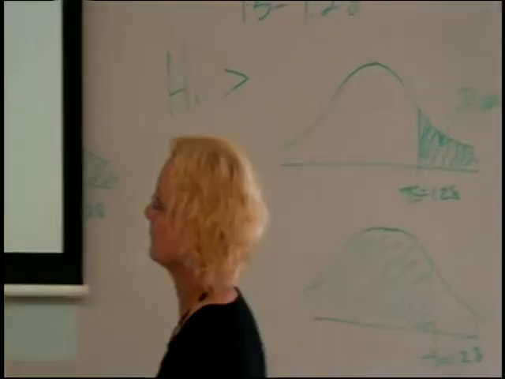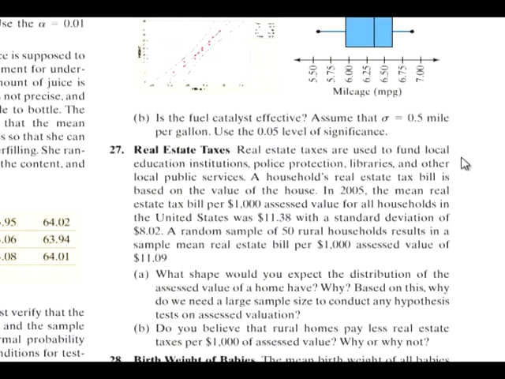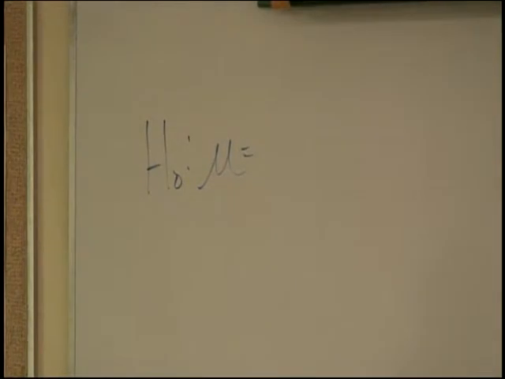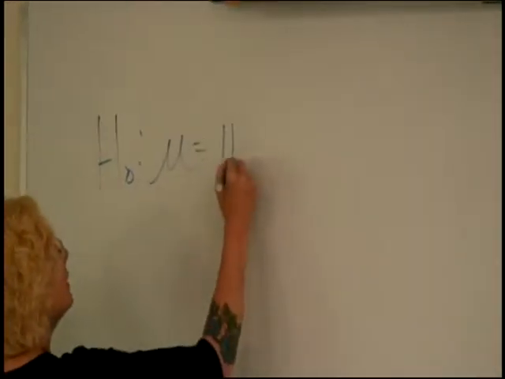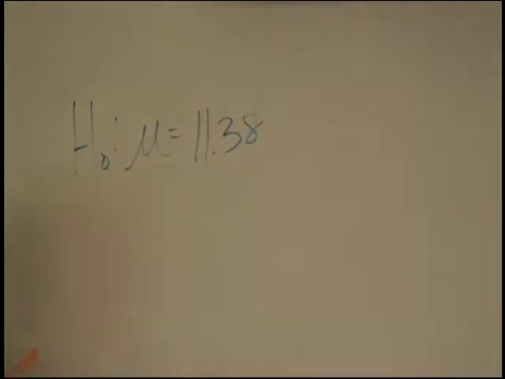Don't worry about part A. Do you believe that rural homes pay less real estate taxes per $1,000 of assessed value? Why or why not? Okay, so let's set this up. What's our established mean real estate tax value, per $1,000 assessed value? It was $11.38. Good. So the mean was $11.38 for all households.